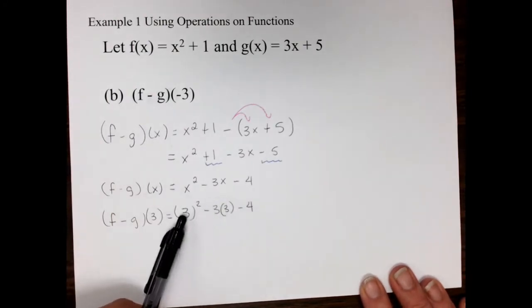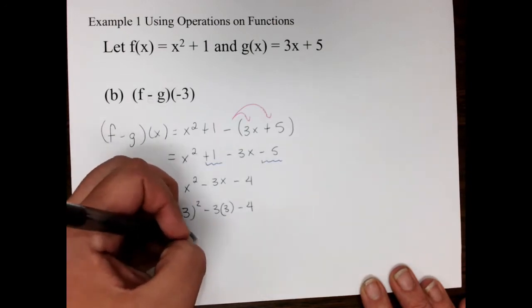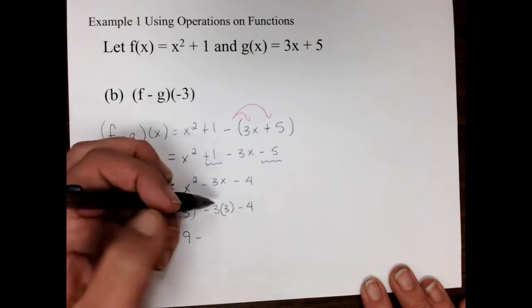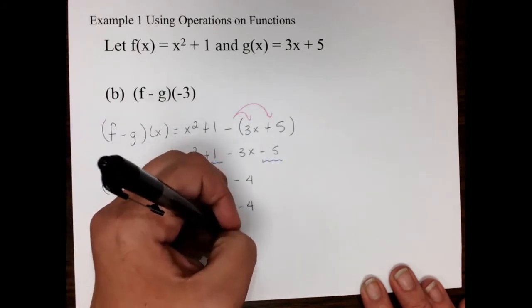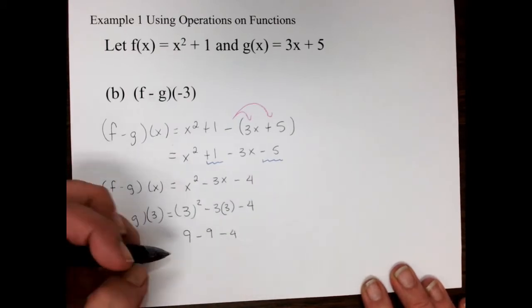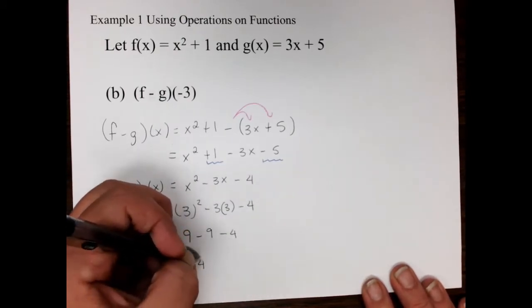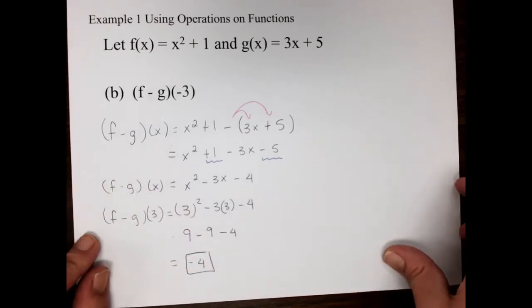So I've just plugged in negative 3 for x. Negative 3 squared is 9. 3 times negative 3 is negative 9, but that's a minus 9 because I've got a negative in front. And then minus 4. So 9 minus 9 would give me 0, and then minus another 4. I've got a value of negative 4 for f minus g of negative 3.